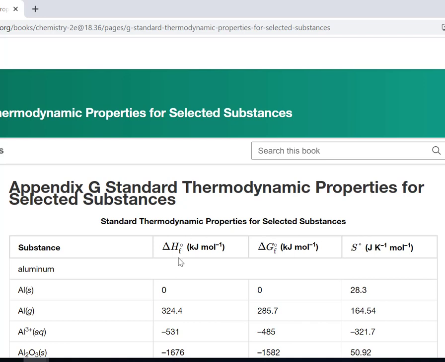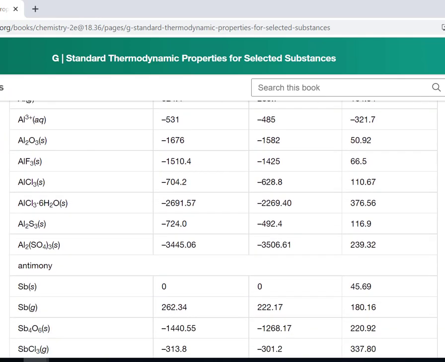So the first column is the heat of formation, and that is the energy either released or required to form that substance from the elements in their elemental state. The very first entry on the table is aluminum, which you'll notice has a delta H of formation of 0. I'm going to scroll down. This is a very large table, so we're not going to look at all of it. We have another one that's a 0.